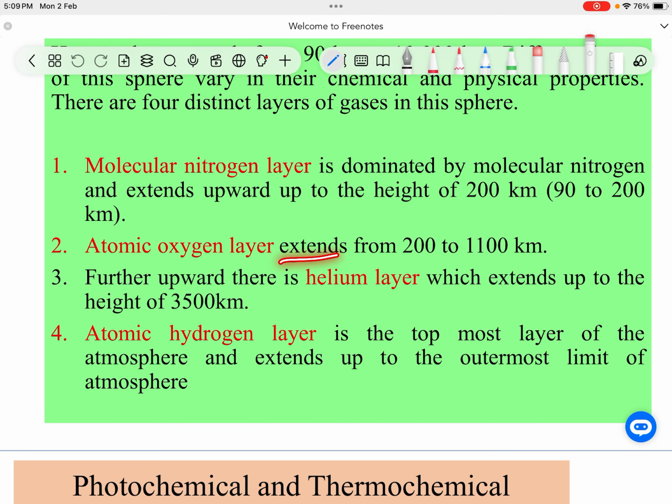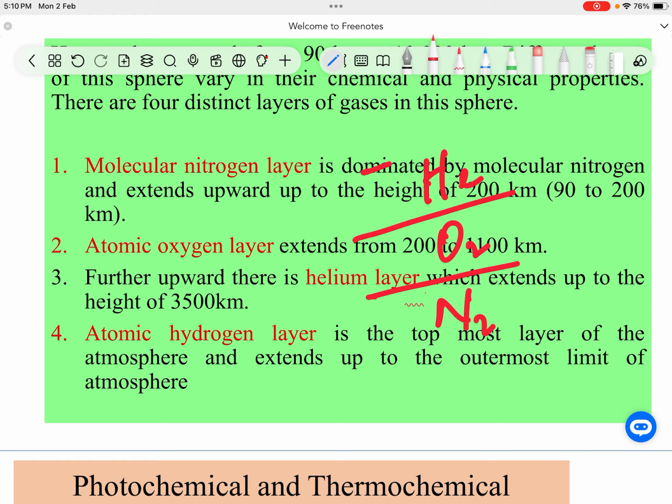So why is the sequence in this way, from nitrogen to oxygen to helium and hydrogen?